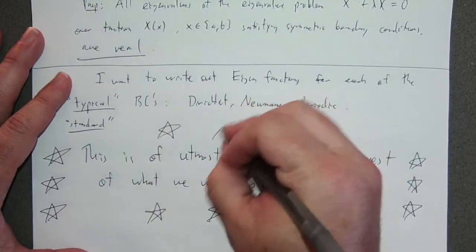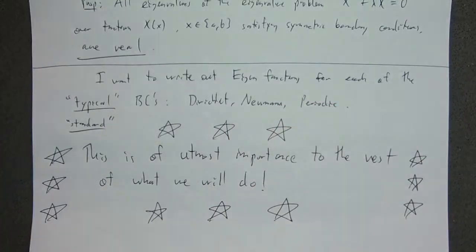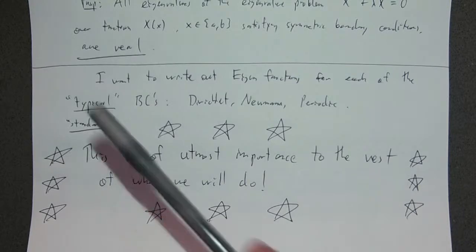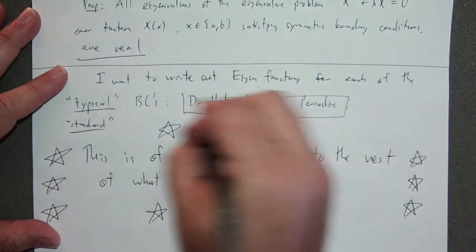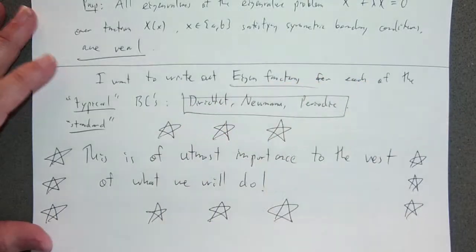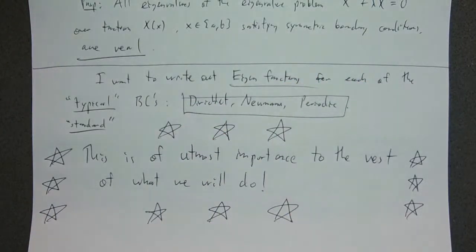So this list that I generate here, writing out these canned eigenfunctions for these boundary conditions, is of utmost importance to what is done from here on out with our separation of variables algorithm, because it's basically the thing we use at each of the solve steps.